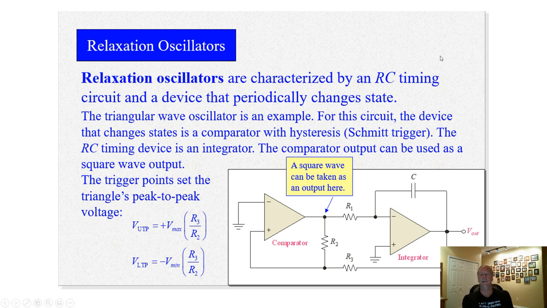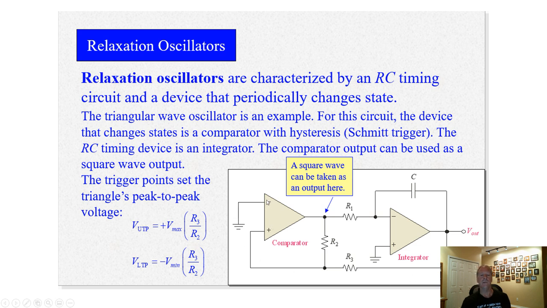A little different. Relaxation oscillators have a different kind of feedback. Basically, what they are is comparators and integrators, which charge and discharge the capacitor involved using a square wave or triangular wave. So this actually has both. It has a triangular wave coming out of the V out, and then it gets fed back to this comparator.